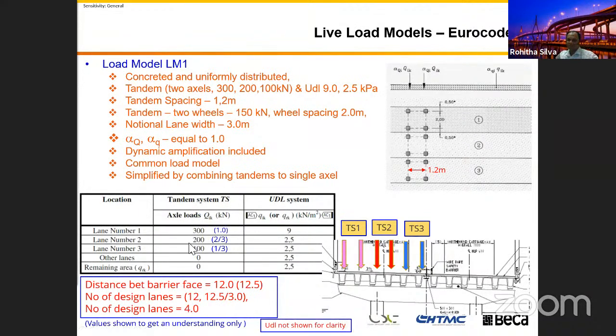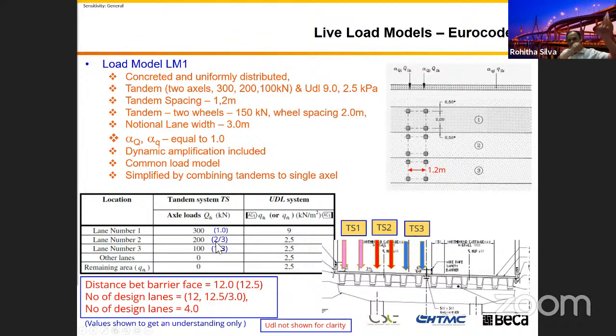When you go to the second one, the code says use the second one, the axle weight is 200 and the total weight is 400, and your UDL, you just push this down from the kPa from 9 to 2.5, that's equivalent to 7.5. And the third one, if you reduce to 100 and 2.5, you can see the tandem, the axle weight. I put the number 1, this is 2/3, this is 1/3.